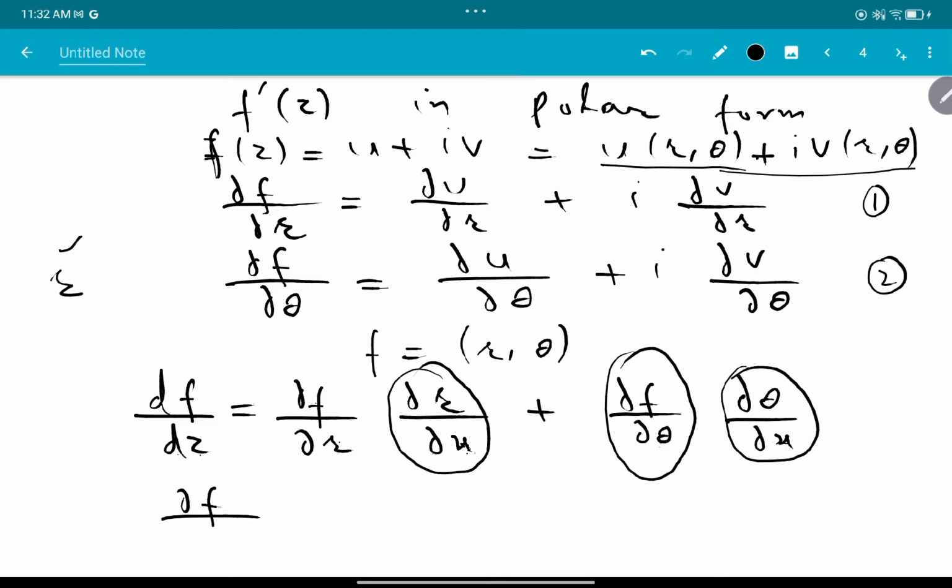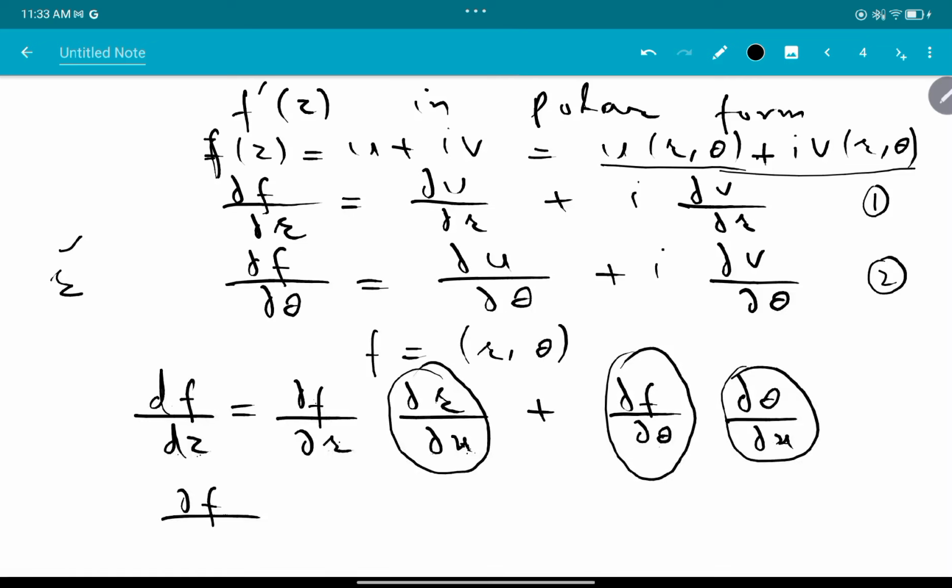So there are two expressions for del f by del z. One is in terms of del f by del theta. Another is in terms of del f by del r. We can do both of them. I will show you one that is in terms of del f by del r. You can then use the other at your own level. How do I express del f by del z in terms of del f by del r?